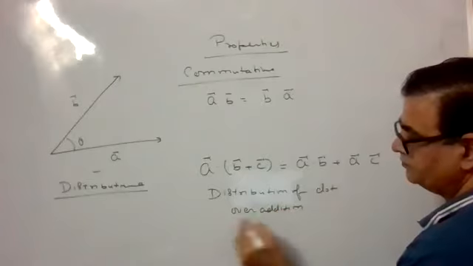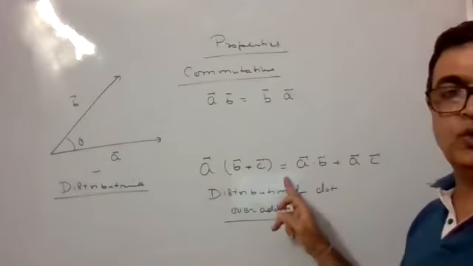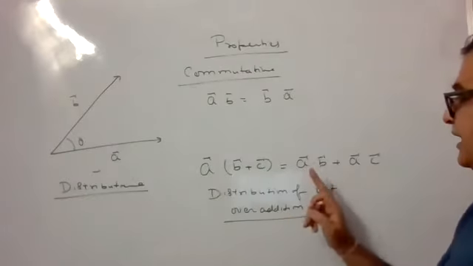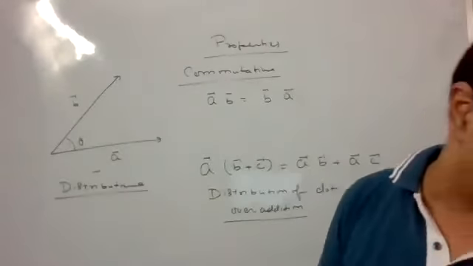This is the result you should remember. Distribution of dot over addition: A dot (B plus C) will come as A dot B plus A dot C. This is the distributive property we should know.